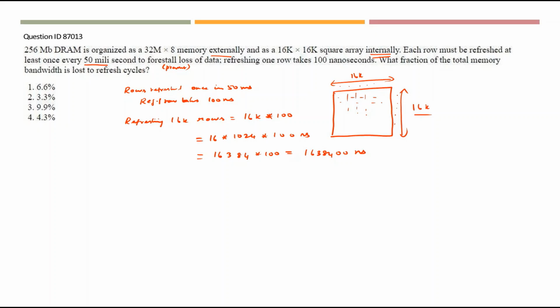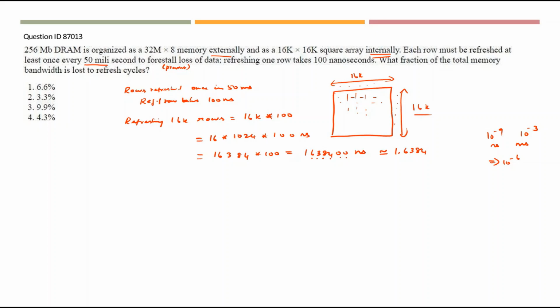convert this nanoseconds to milliseconds. Nanosecond to millisecond conversion will be approximately equivalent to 1.6384. Nano is 10 power minus 9 and milli is 10 power minus 3. Ultimately, you have to reduce to 10 power minus 6. So you have to move 6 positions. 1, 2, 3, 4, 5, 6.